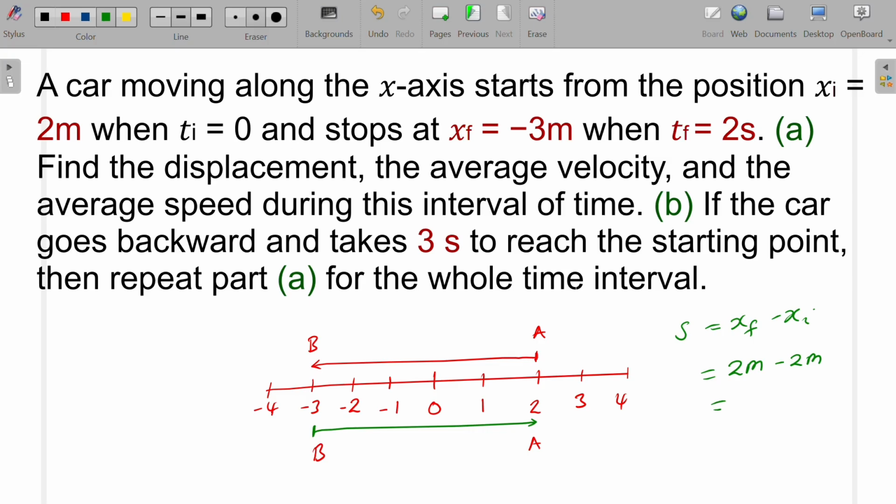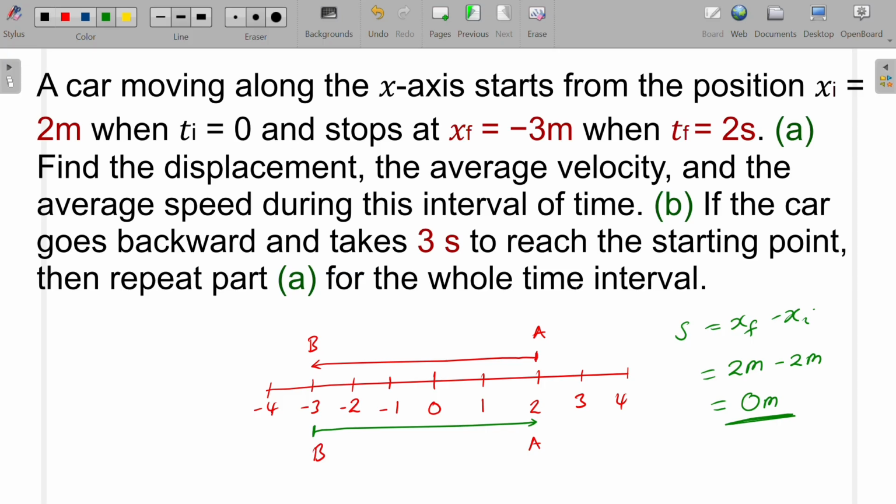So 2 meters minus 2 meters is going to give us 0 meters. So there is no change in position for this object. In this case, we're talking about a car. If it goes back to its original position, its displacement is equal to 0. So that's the answer for the first part, which is displacement.